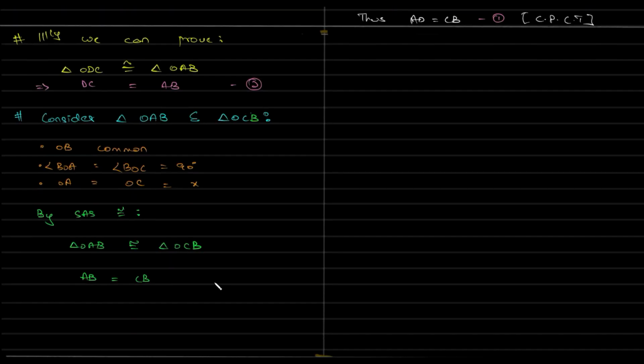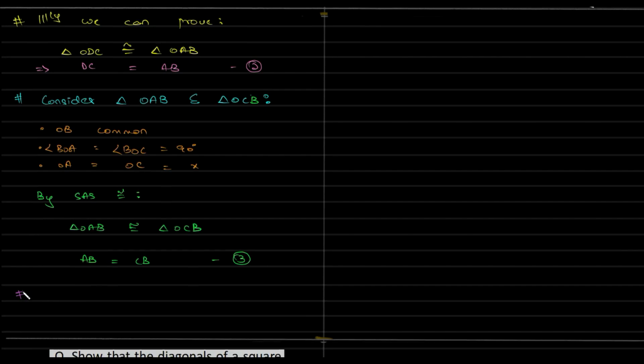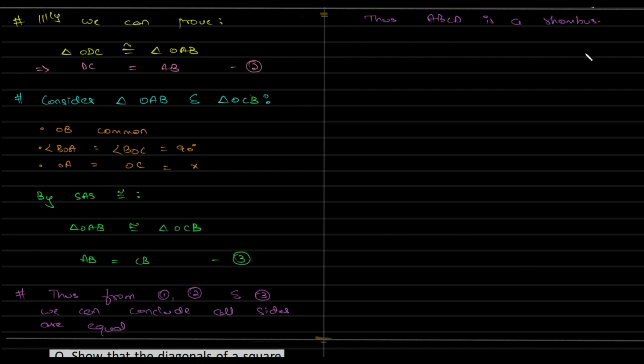So from 1, 2 and 3 we can conclude all the sides are equal. Thus ABCD is a rhombus, right? And that's your answer.